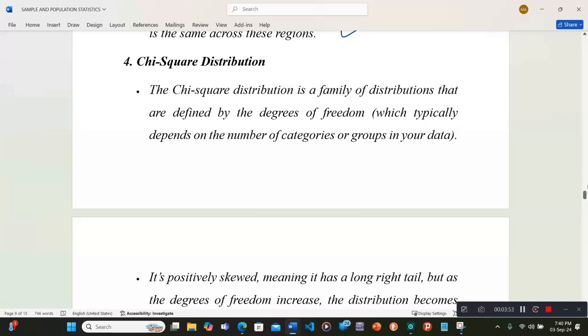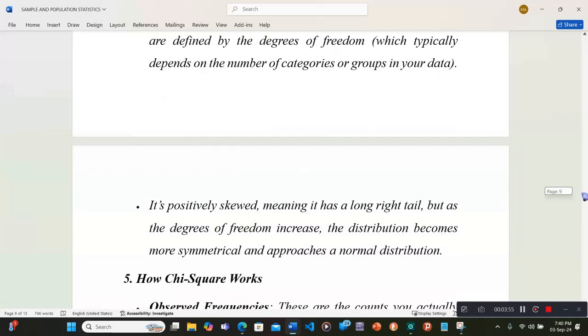It's positively skewed, meaning it has a long right tail, but as the degrees of freedom increase, the distribution becomes more symmetrical and approaches a normal distribution.